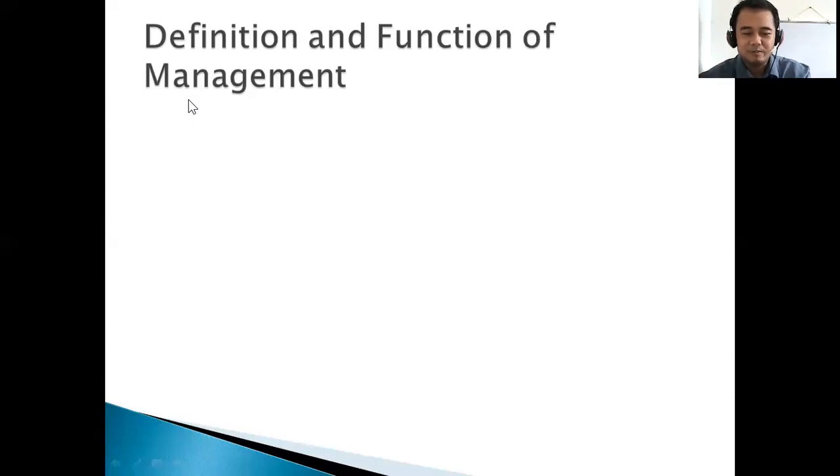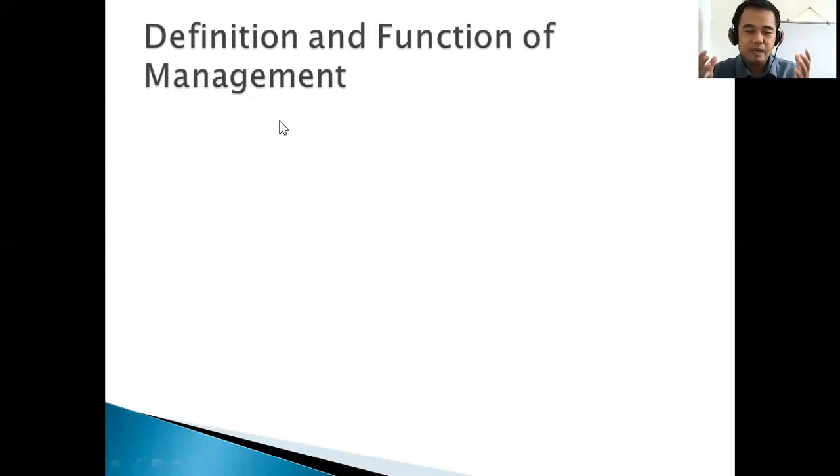I forgot the other one, but it is in the slide. Management is a process wherein a manager manages the resources in order for the organization to reach its goals and objectives.